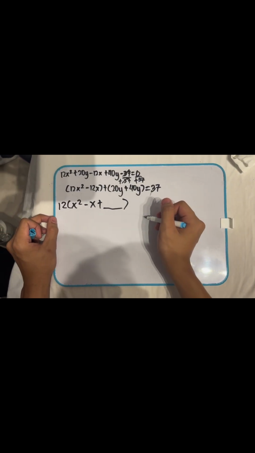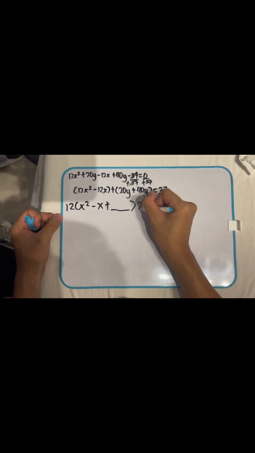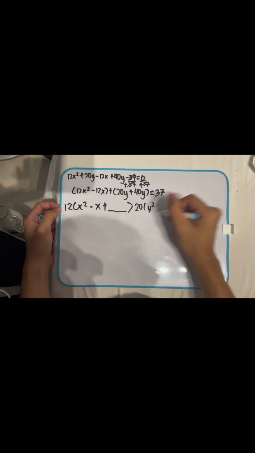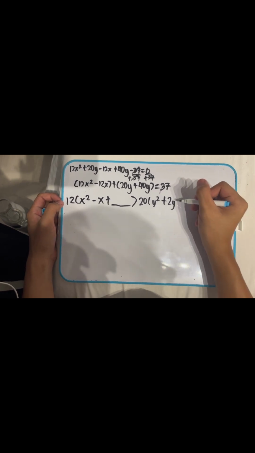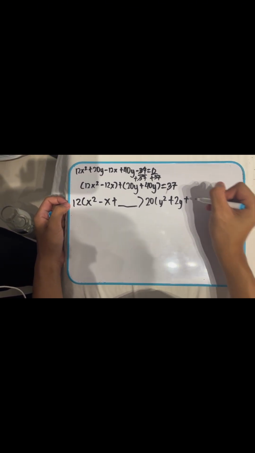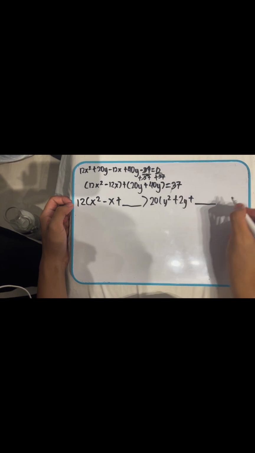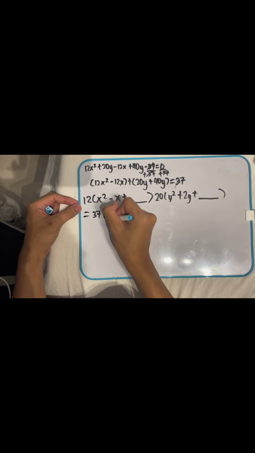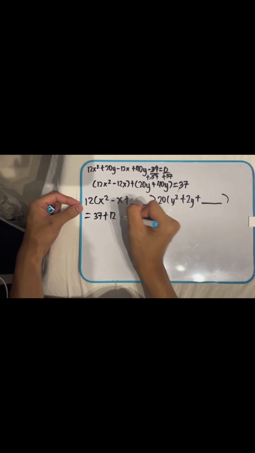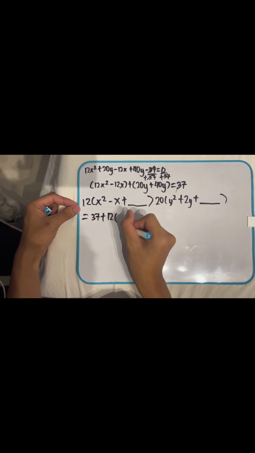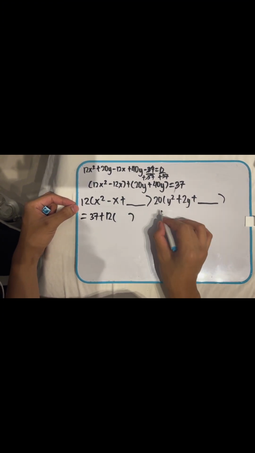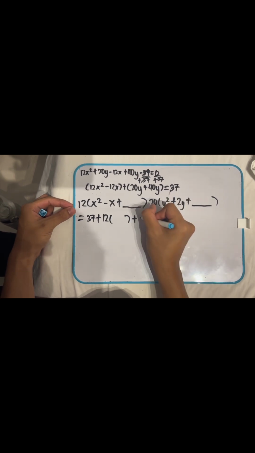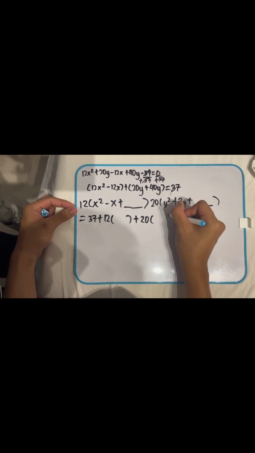Then this is gonna be 20 times y squared plus 2y, plus, gonna leave a space here again, equals 37 plus 12 multiplied by the number on the blank. So again, we're gonna add 20 multiplied by the number on the blank.